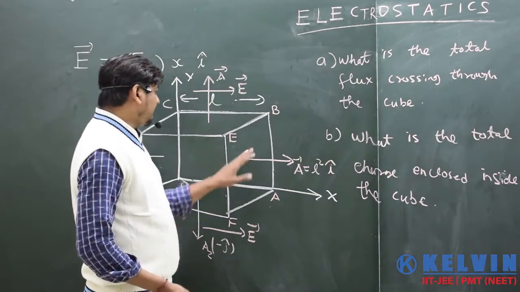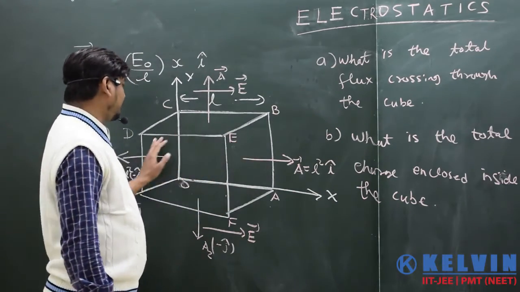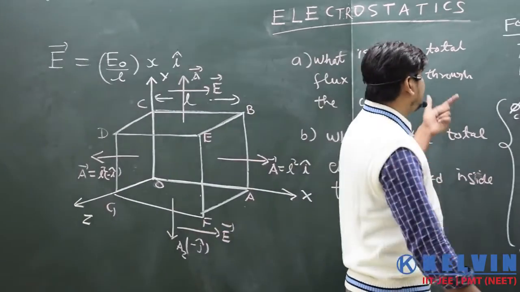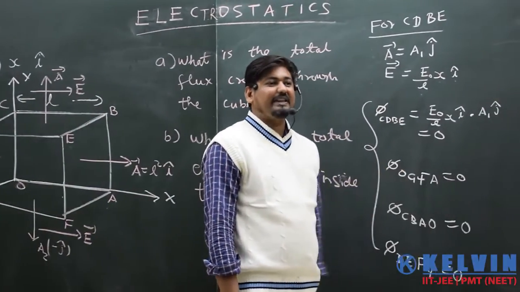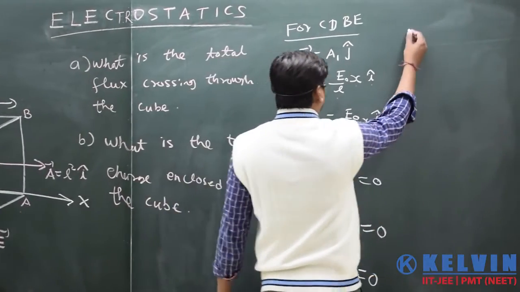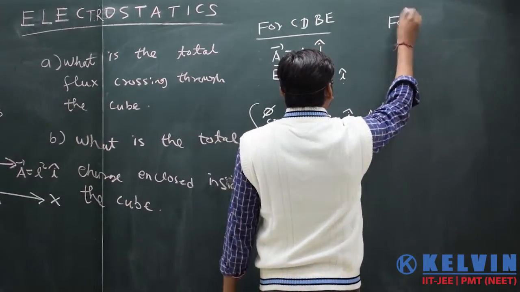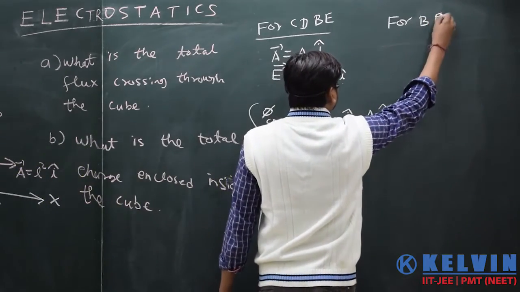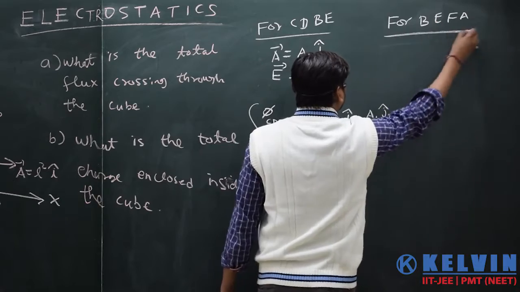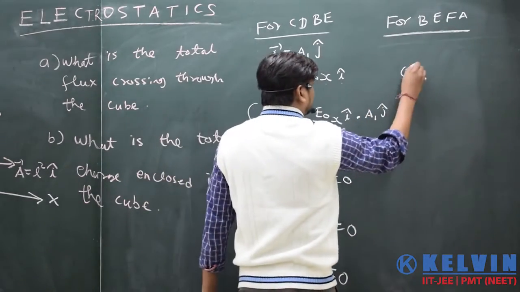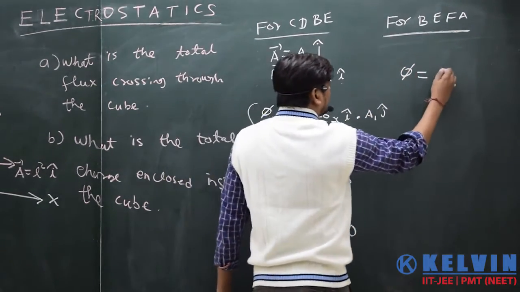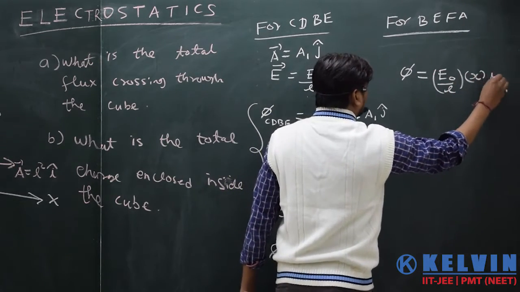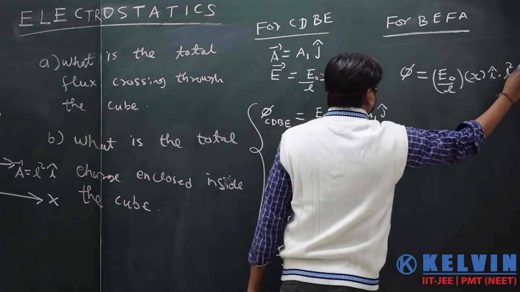Now we are left with these two surfaces, and for these two surfaces we can calculate the flux associated with the surface by using phi vector equal to E vector dot area vector. So for surface BEFA, flux will be equal to E naught upon L x I cap dot L square I cap.